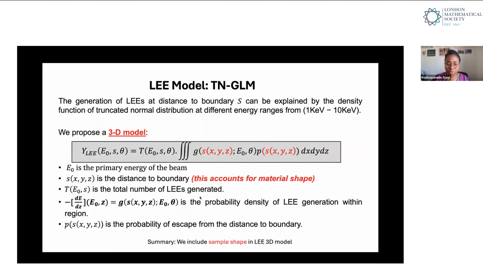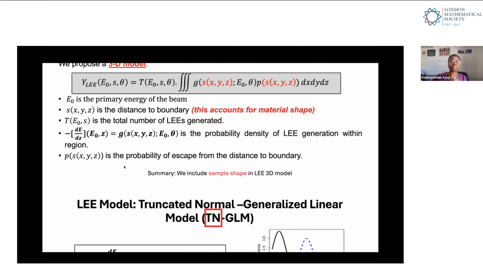I'm not going to bore us with the 3D model, but it's basically focusing on changing the perception of depth contribution to low energy electron yield to the distance to boundary. Any material shape that is being examined contributes to the amount of low energy electrons that will escape from the sample.